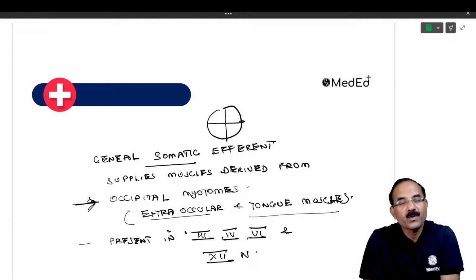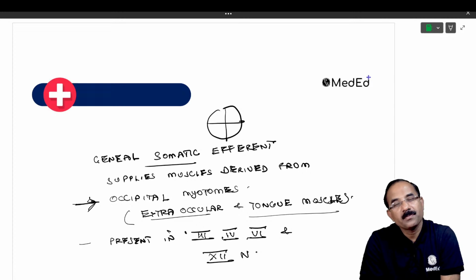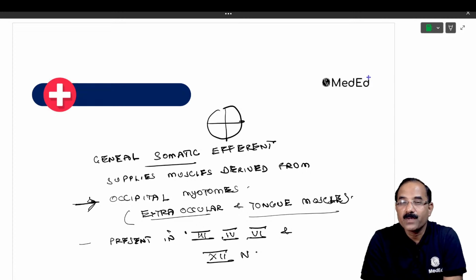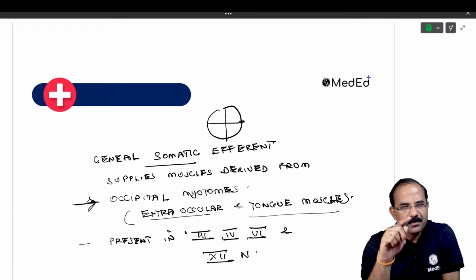Like, nucleus ambiguus is a common nucleus for which cranial nerve? Or the superior salivatory nucleus represents which functional component? Can you say this? Superior salivatory nucleus represents which functional component? Answer this.